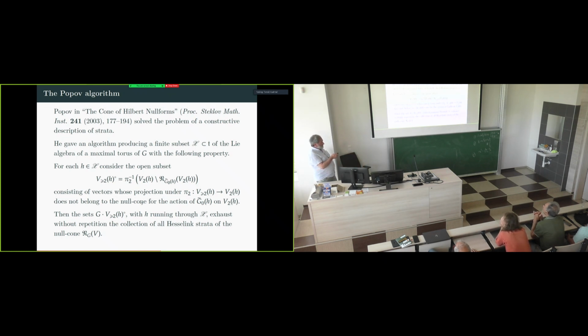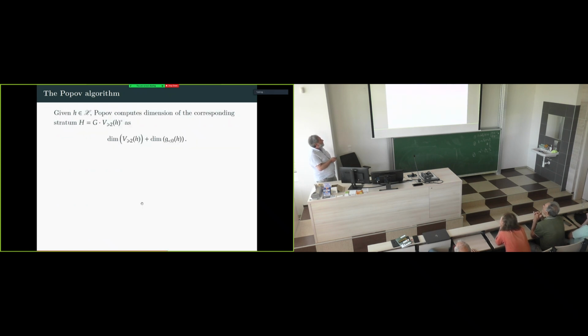And they have a purely combinatorial description. In particular, the dimension is very easy to compute. You take just the dimension of the part of V in degree 2 and above and the dimension of G below 0, and add them. This is the dimension of the stratum.